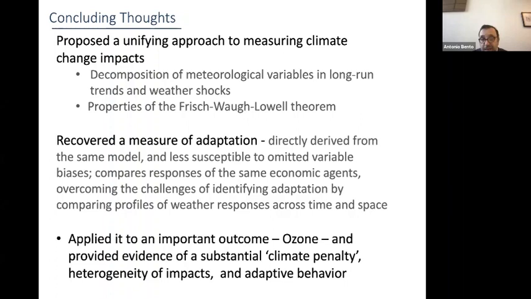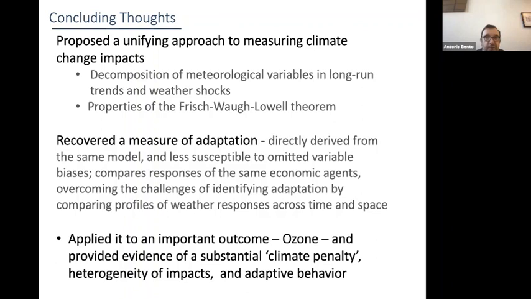I think the application to ozone, despite the fact that it is a little bit farther away from the direct agent that is making the economic decisions, as is the case with agriculture, I think it's meaningful, and it has tremendous policy implications because we really want to understand what is the magnitude of this climate penalty on ozone.